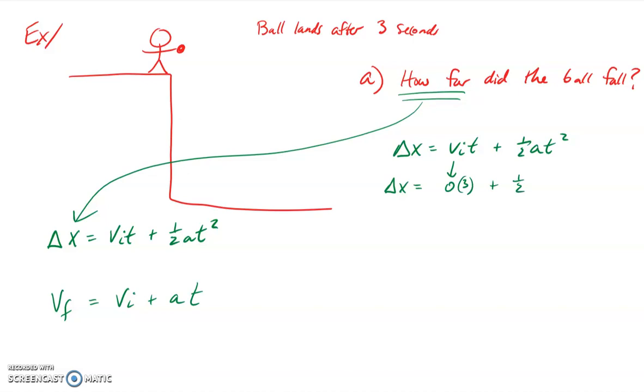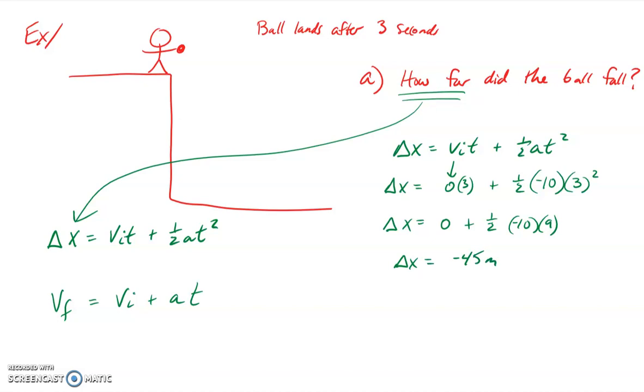It's in free fall on Earth, so negative 10 for A. And then you have the time again squared. So simplifying, 0 plus 1/2 times negative 10 times 9. So negative 90 times 1/2 is negative 45 meters.